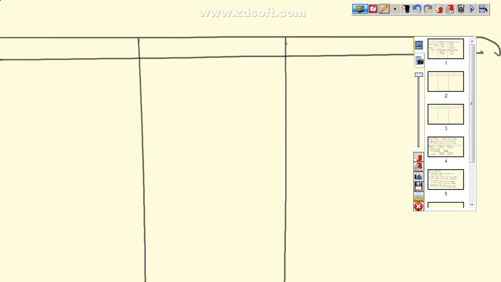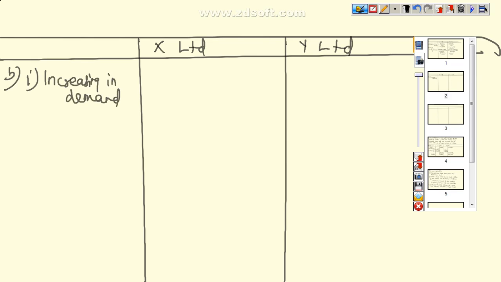So B part, X Limited, Y Limited, first we consider increase in demand. Already existing sale is equal to 4 lakh. So we assume an increase of 10%, that is equal to 40,000. Now the sale is equal to 4,40,000.